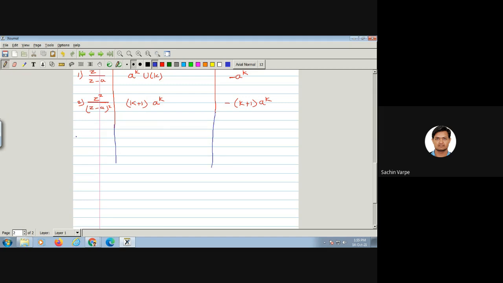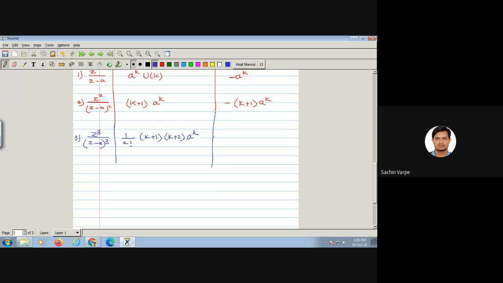So it's a matter of ROC only, in which ROC we are working. The next formula is z cube upon z minus a cube. So that will be 1 upon 2 factorial, k plus 1, k plus 2, a raised to k u of k.